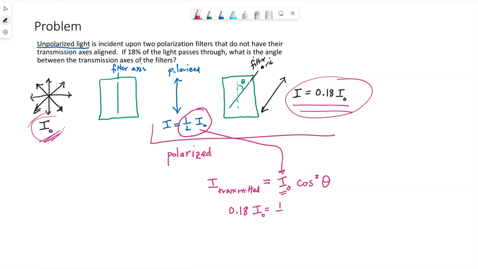Well, we lost half of that original intensity when we went through filter 1. Now the angle, the theta, is the angle between how this light is polarized, which is the same as the first filter that I drew, and this new filter axis.